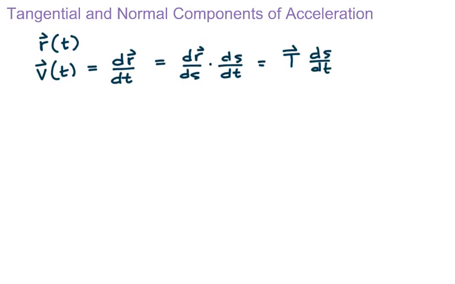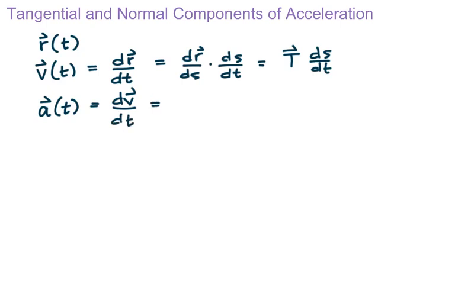So what we want to keep in mind, and what we know from Calc 1 and Calc 2, is that acceleration is the derivative of velocity. So if I start thinking about acceleration, we'll call that a of t. We know that's the derivative of velocity with respect to t.